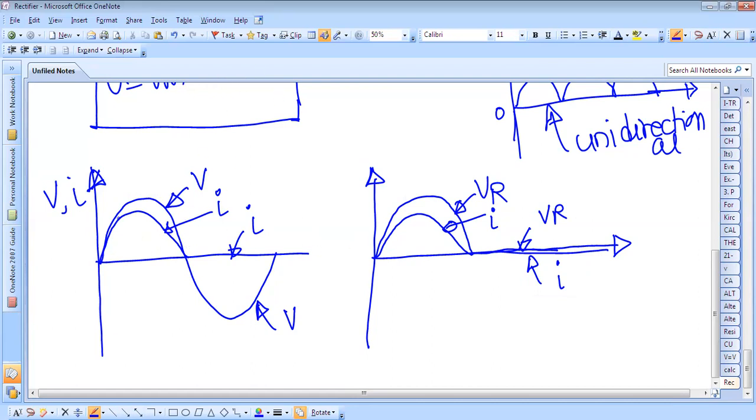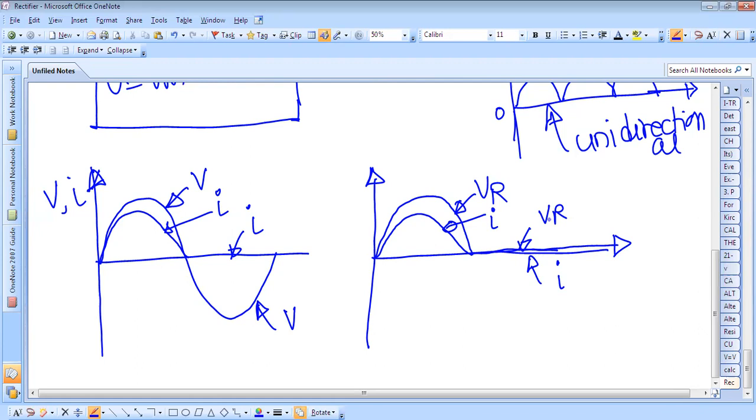That is, this is the current flowing in the resistor during the positive cycle. But during the negative half cycle, we are applying the voltage in the negative direction. At that time, the voltage drop will be there across the diode, and no current will flow through the resistor, and therefore this is the voltage across the resistor, and the current flowing through the resistor will be 0. So this is the diagram.